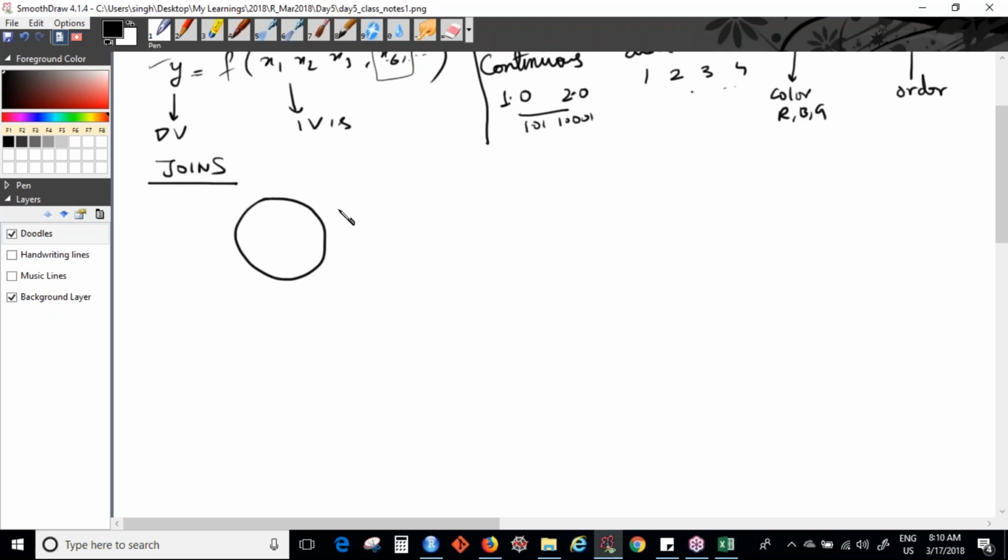If I represent it as a Venn diagram, if these are your two tables A and B, your inner join will be the intersection of the two. Your inner join will be this particular portion. Your outer join will be the entire thing.